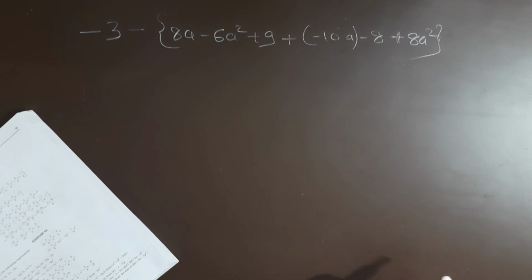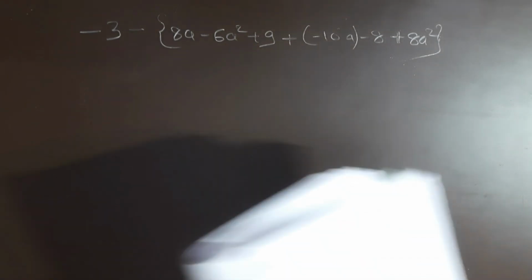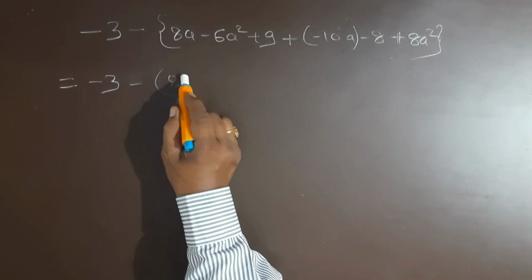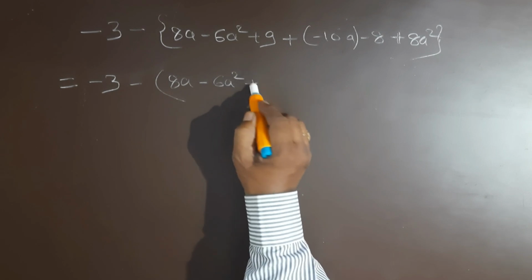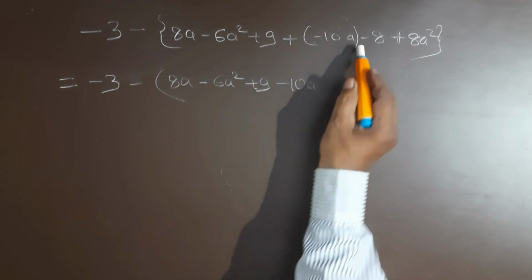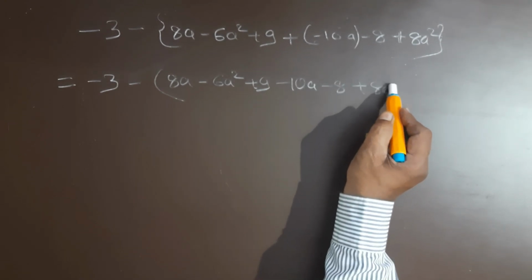Okay. So like this also we can do. Now here, it is equal to minus 3 minus, give a simple bracket, 8a minus 6a square plus 9 plus minus 10a minus 8 plus 8a square.